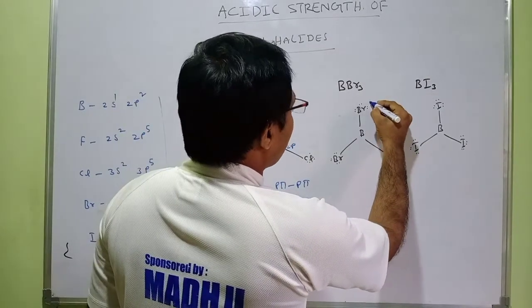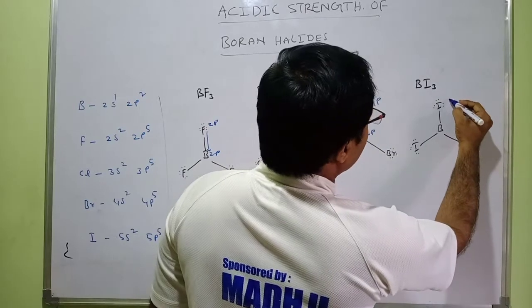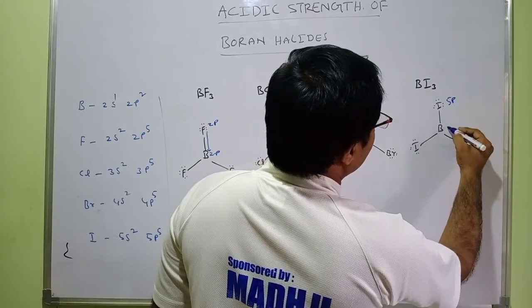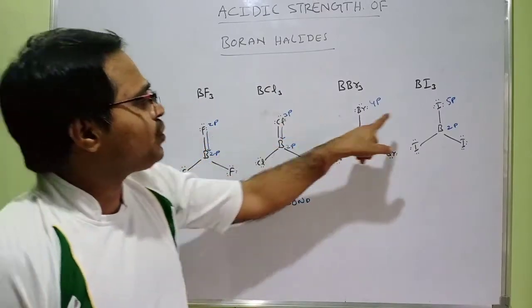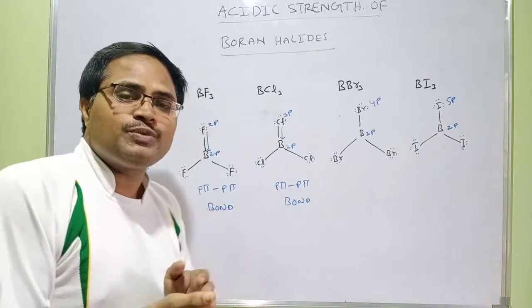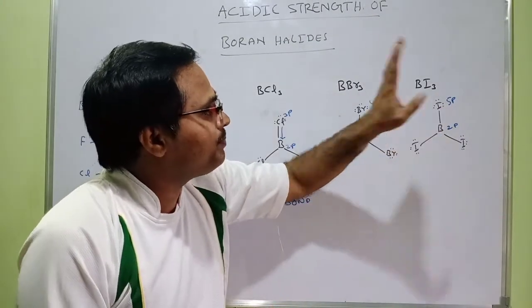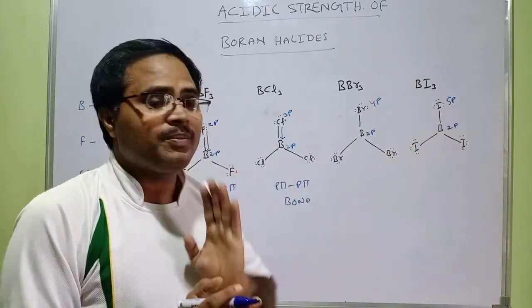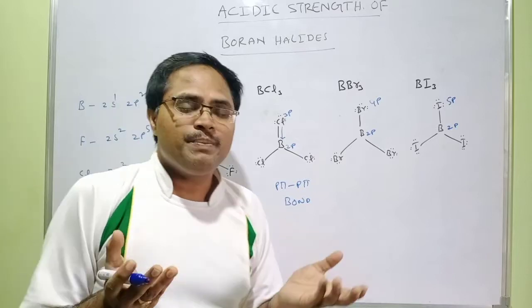So let us come here. Bromine has a 4p orbital, and iodine has a 5p orbital. When you move from fluorine to iodine, the size of the p orbital is increasing. As you increase the size of the p orbital, the interaction between the boron empty orbital and the p orbitals will decrease because the size is not compatible.